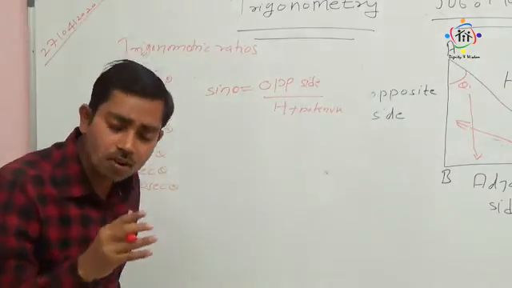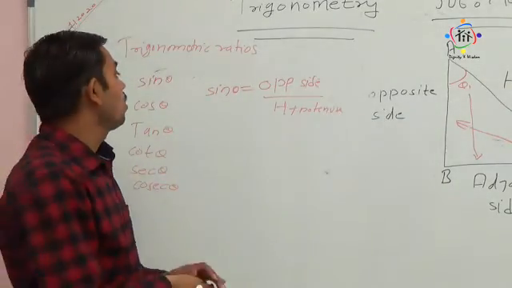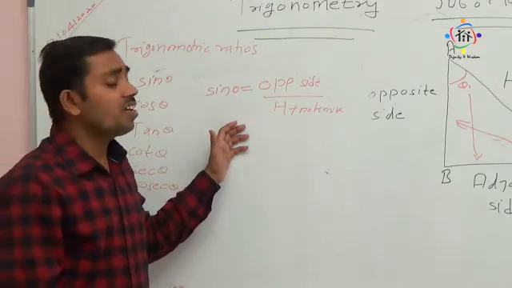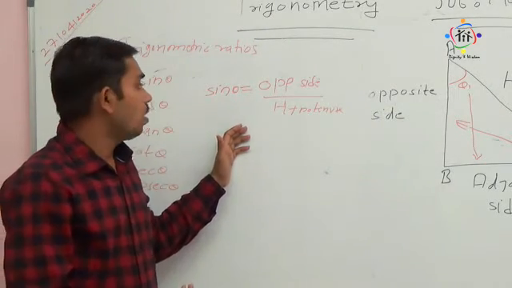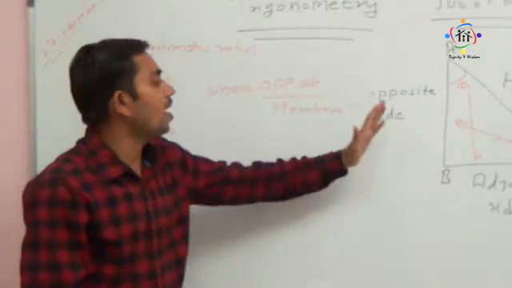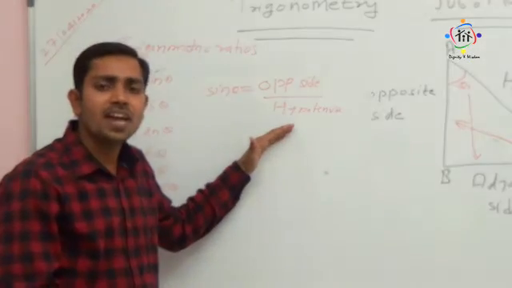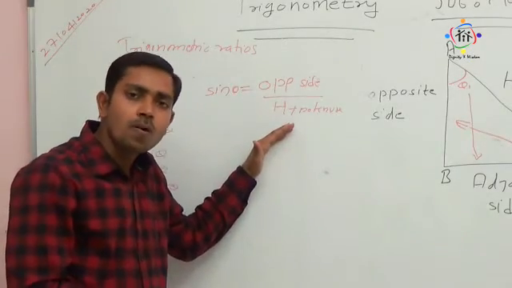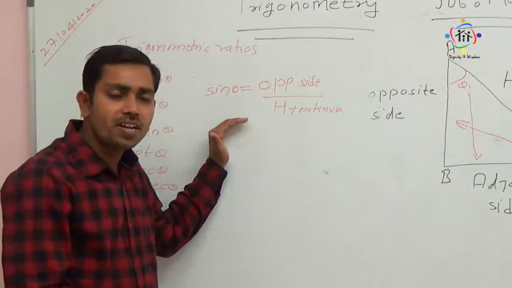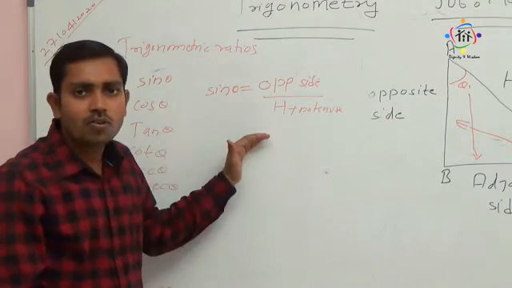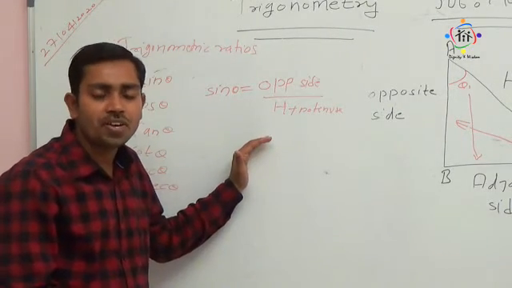What does it mean, my dear students? It means that a trigonometric ratio is nothing but something which gives the ratio of one side of a right angle triangle to another side in numerical value. Did you understand, my dear students, what we mean by trigonometric ratio?